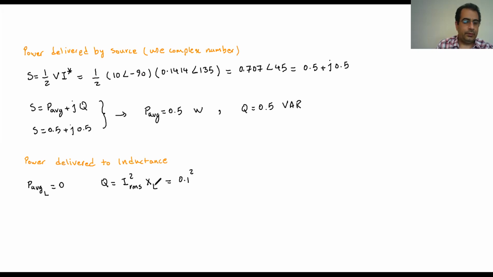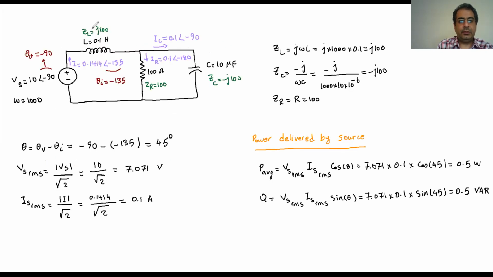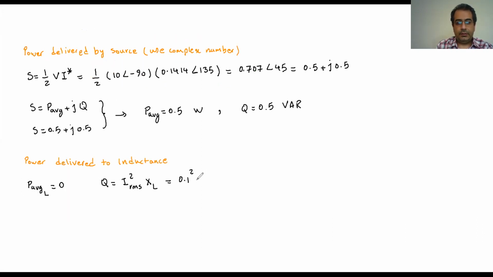And the impedance here, this ZL, because the R is not there, is going to be the same as the XL, because only the inductance is there. So it's going to be times 100, and it's going to come out as 1.0 VAR.